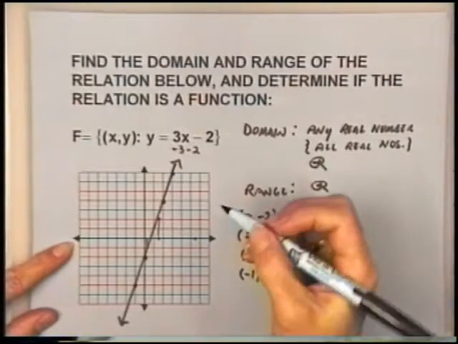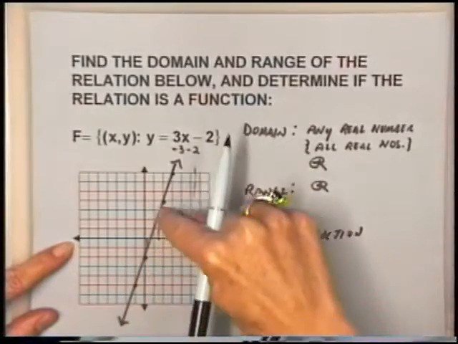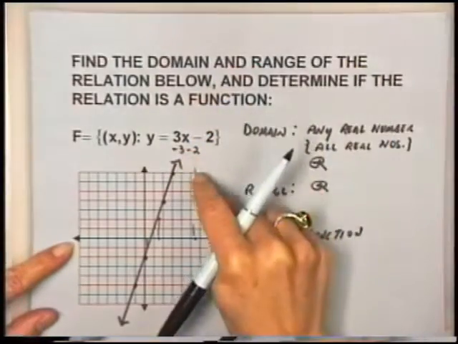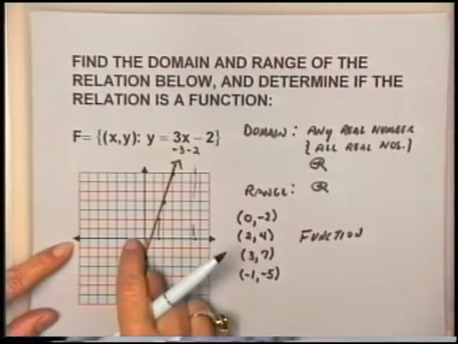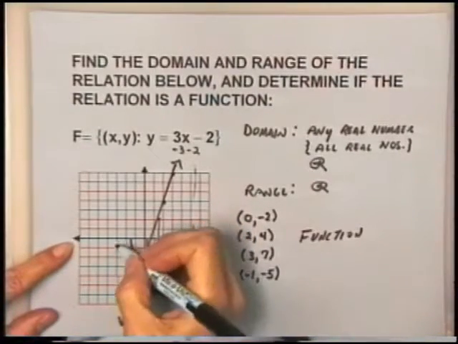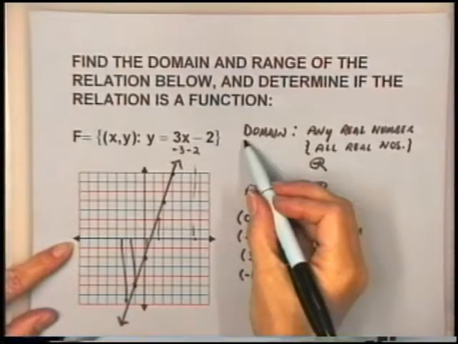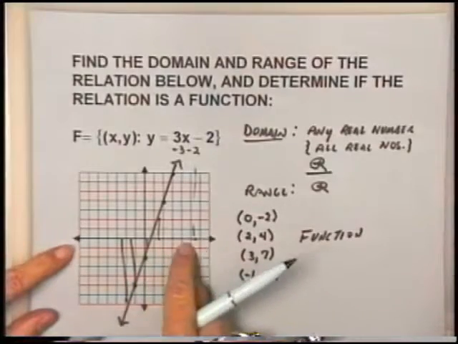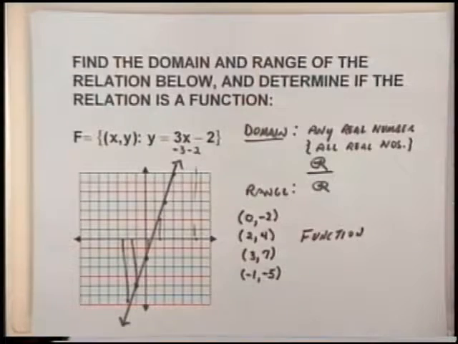If I choose an x value over here, although if I go up from that point, I can't see the point on my graph, because this graph continues to go on up, eventually this line up above this x value, there would be a point on that line. If I move to the left for any given x value, I can move down to this line. There will be a point on that line for that given x value. So my domain is indeed any real number, because any number on this x-axis is going to have a point on the graph associated with it.